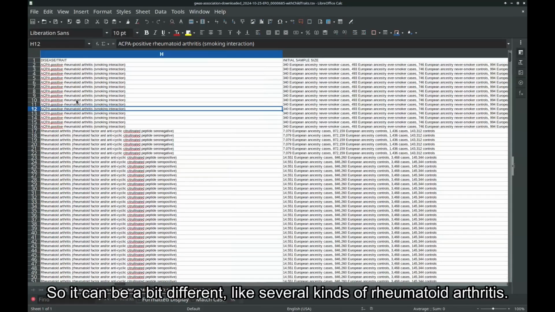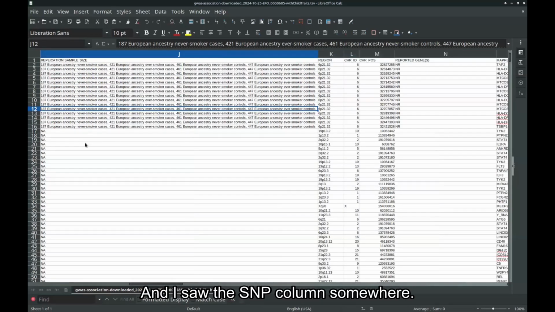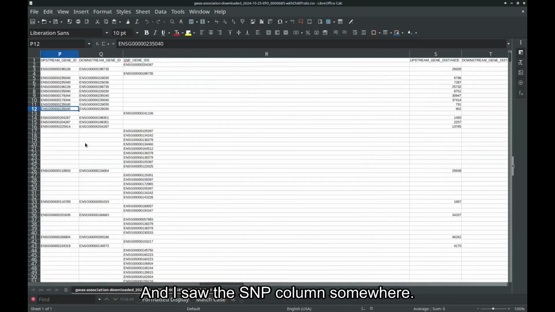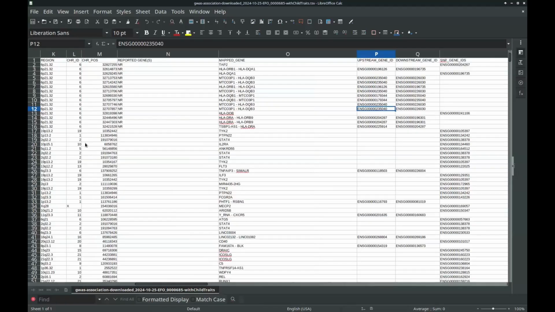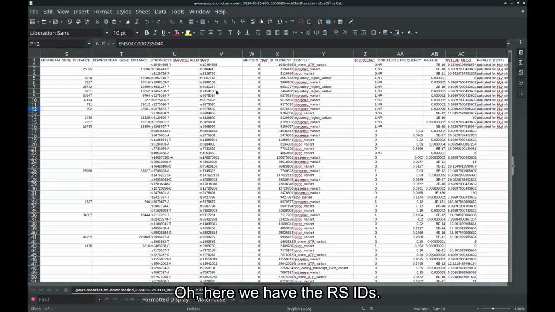It can be a bit different, like several kinds of rheumatoid arthritis. And I saw the SNP column somewhere. Here we have SNP gene IDs. Oh, here we have the RS IDs.